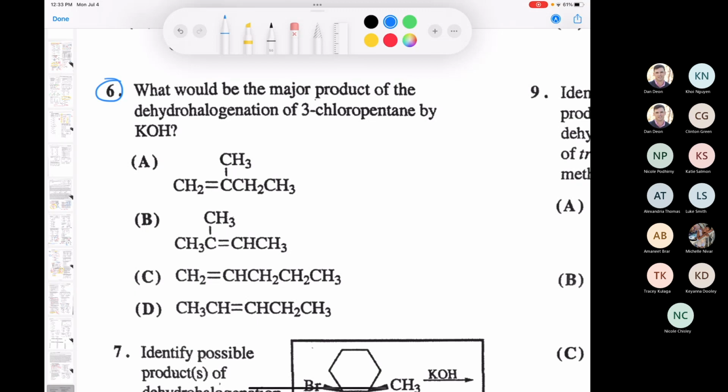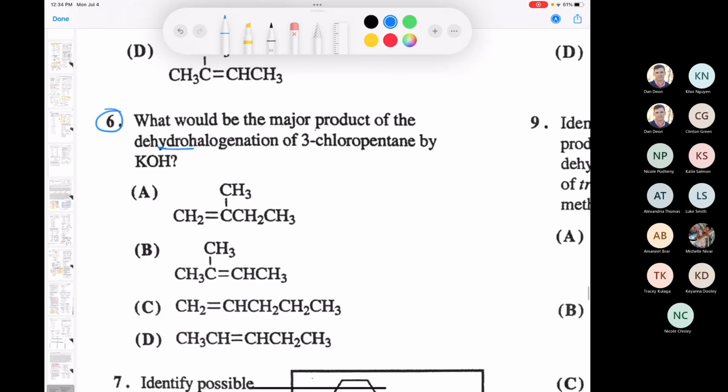So dehydro is a hydrogen, and dehalo means you're going to be losing HCl because you're starting with 3-chloropentane. So you take 3-chloropentane, and then you're going to treat it with KOH. I'm just going to put the hydroxide. The potassium is a spectator ion, and every single one of these is an alkene.